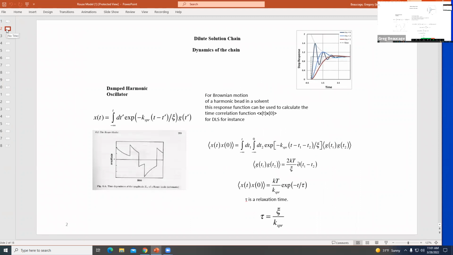What else? This is just dynamics, linear response theory stuff. Yeah, we need this for the Rouse. In all this kind of response theory, you have this noise signal. This G(t') is a noise. You have random pulses happening.